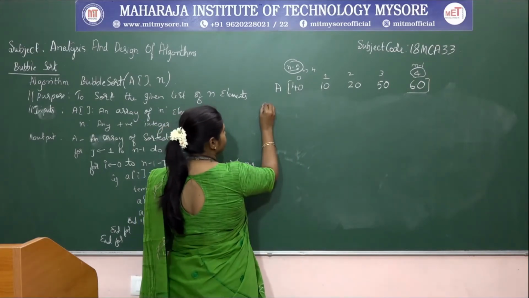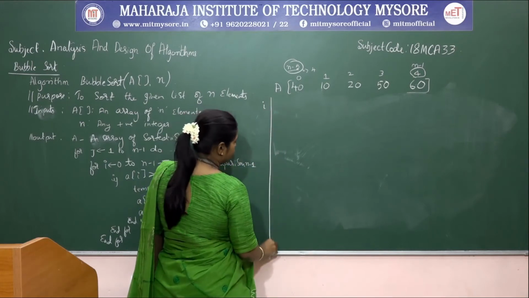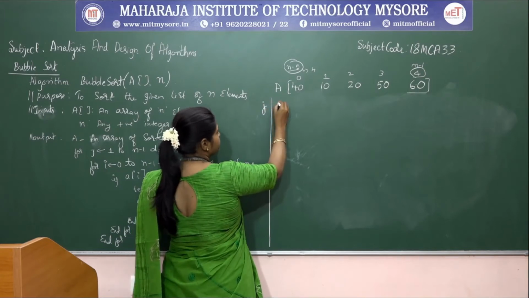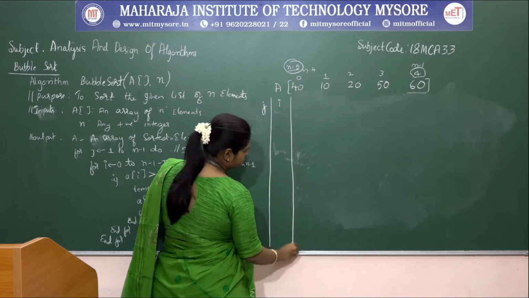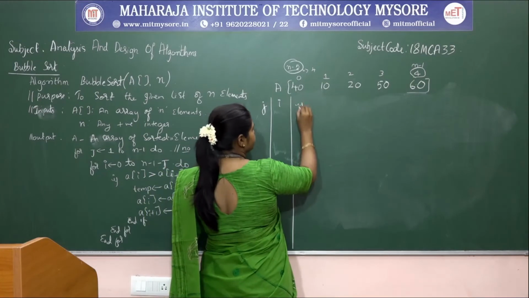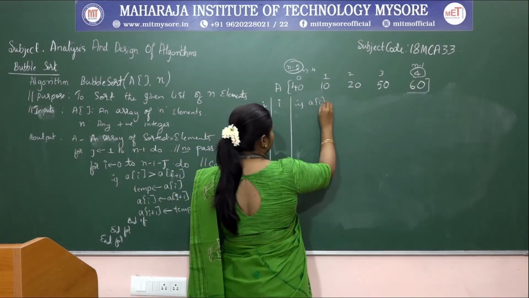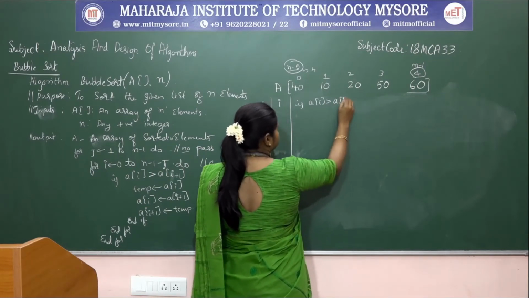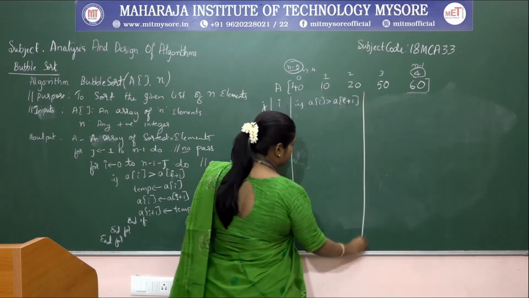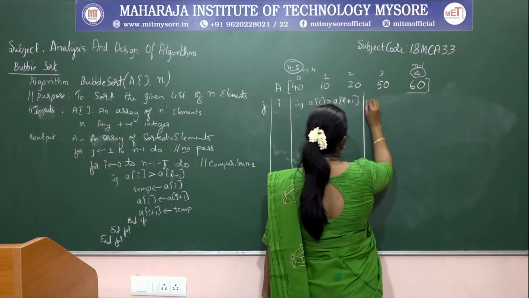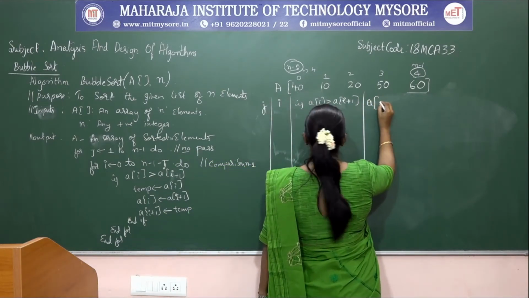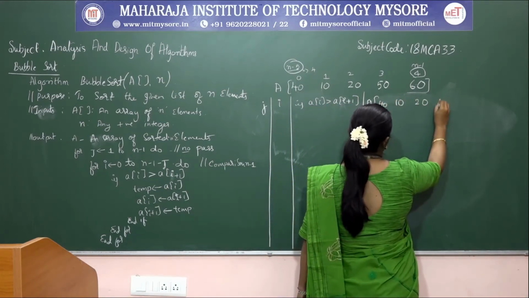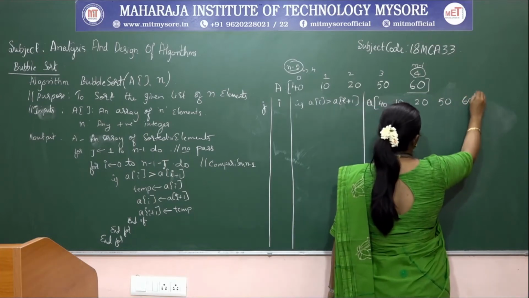So here we have a variable j, that is to represent the pass, and then the variable i, and then we have an if statement, if a of i is greater than a of i plus 1, right, and then your array elements, that is 40, 10, 20, 50 and 60.